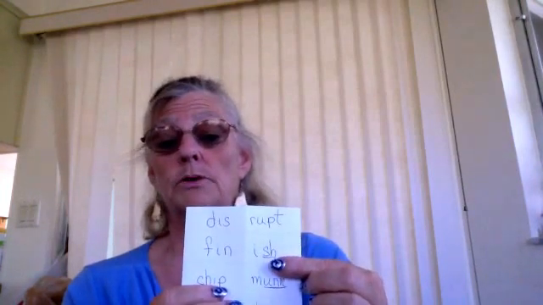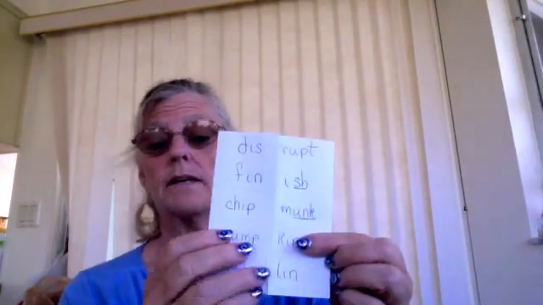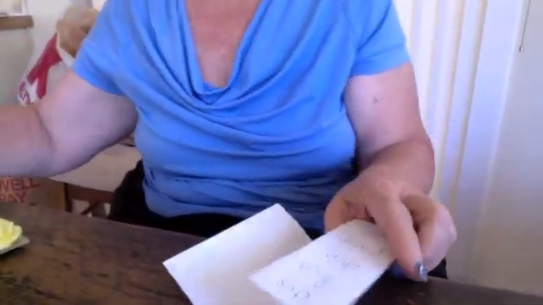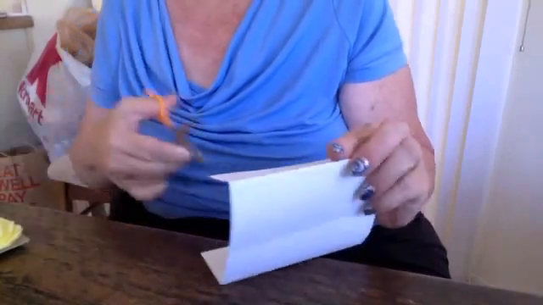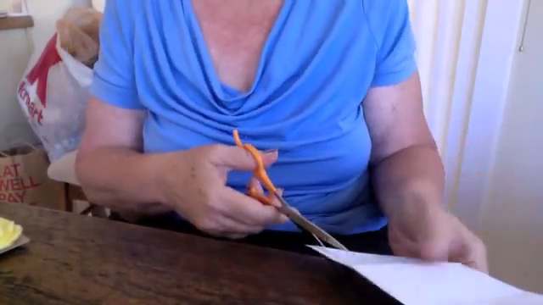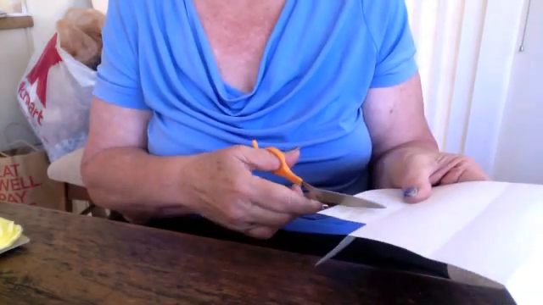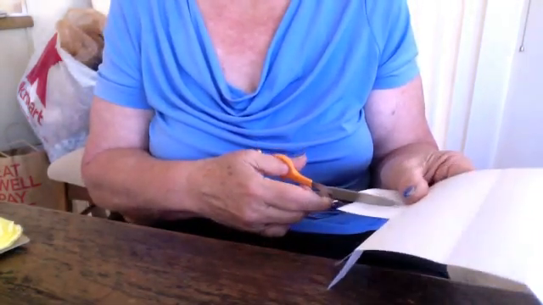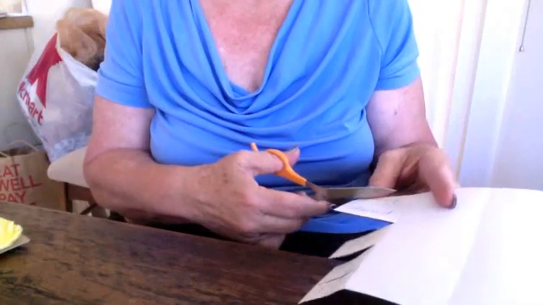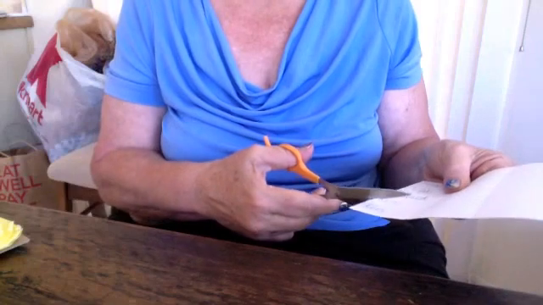I actually just took a ruler and made it a ruler's width. And then you take and just cut on these lines here. I just cut these lines here to the fold. And then I cut them here.